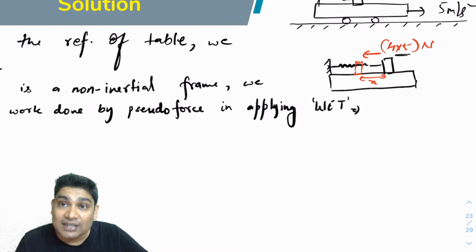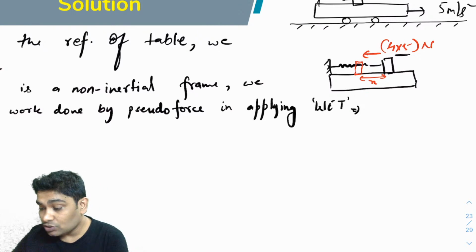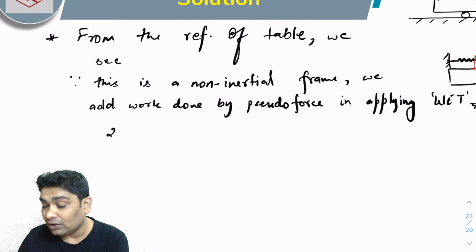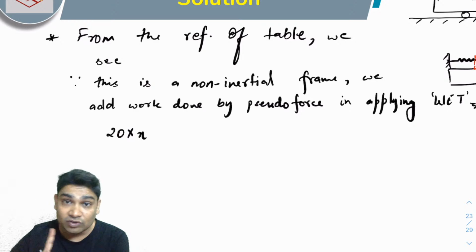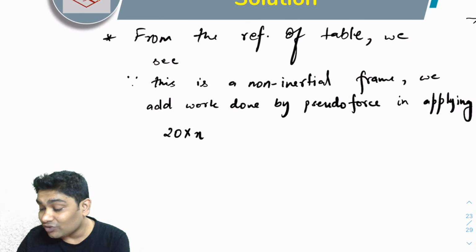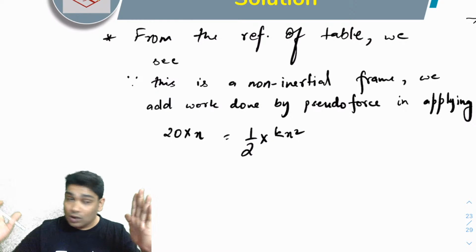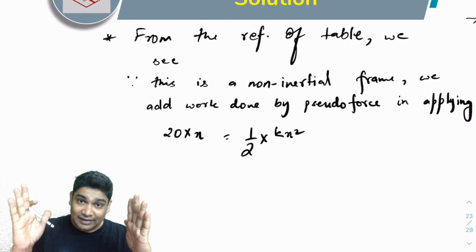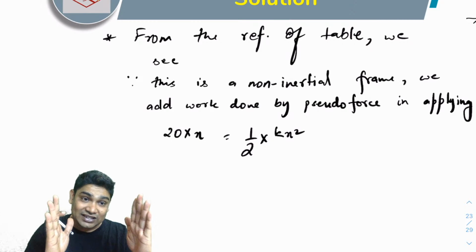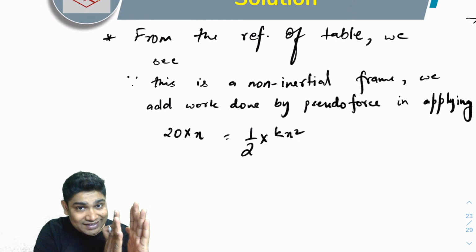That is 20 times x, and all this work will go into the potential energy stored in the spring, right? So from the work energy theorem, I can say that 20 into x, and this will be positive because the displacement and the force are in the same direction, is equal to half k x squared. Initially when it starts pressing, the mass will accelerate. Then as the spring gets compressed, the mass will start to decelerate, eventually come to rest, and then bounce back.